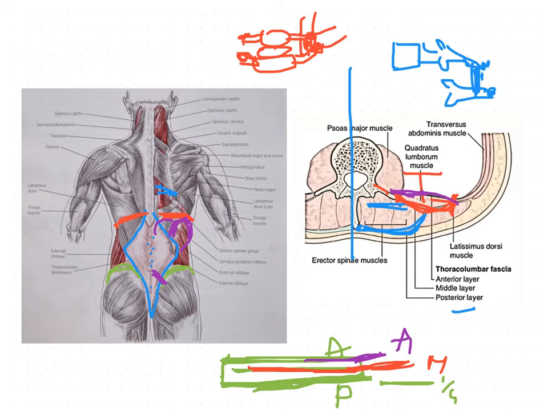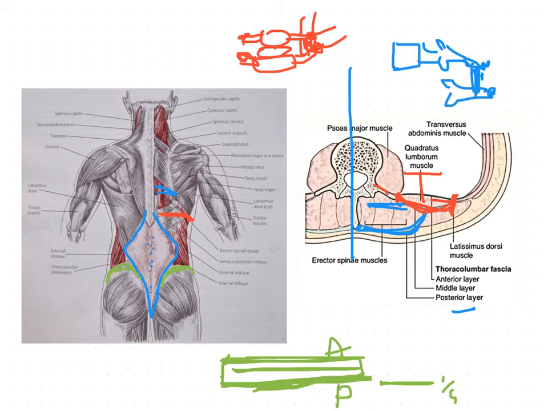Okay, so these are the attachments of the thoracolumbar fascia. The thoracolumbar fascia is also called the lumbar fascia, and it consists of 3 layers: anterior layer, middle layer and posterior layer.